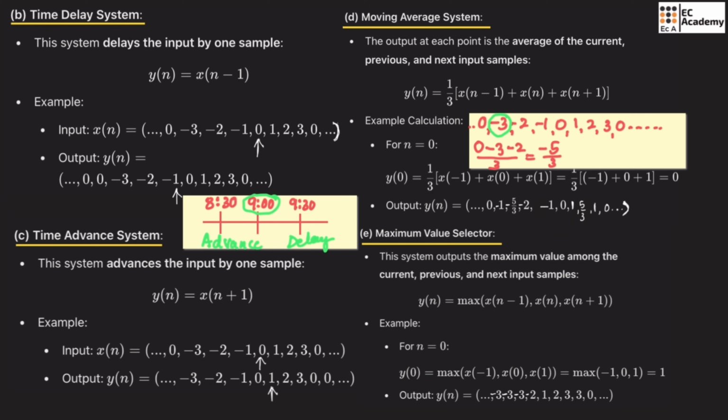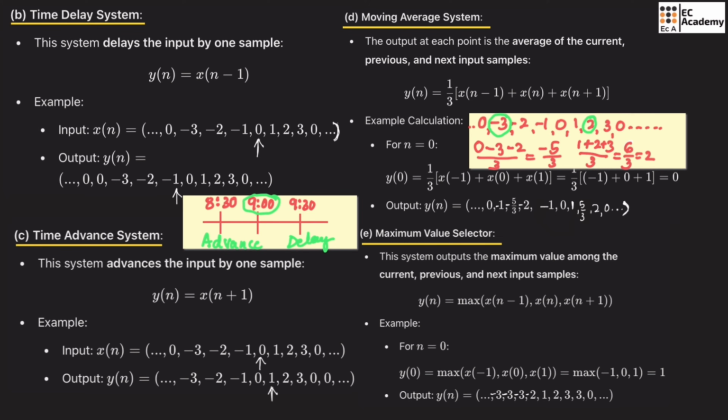Similarly, if we take 2 as the present input, then 1 and 3 will act as the previous and next input. In that case, we can write (1 + 2 + 3) divided by 3, which will be equal to 6 by 3. So 6 by 3 is 2.